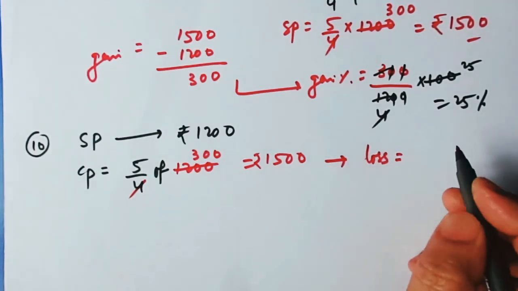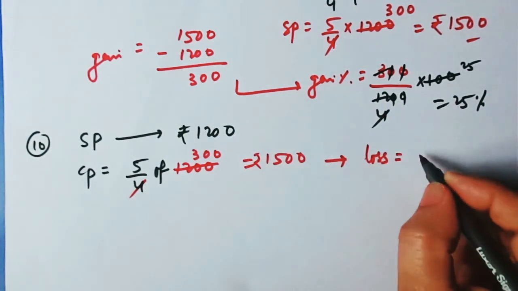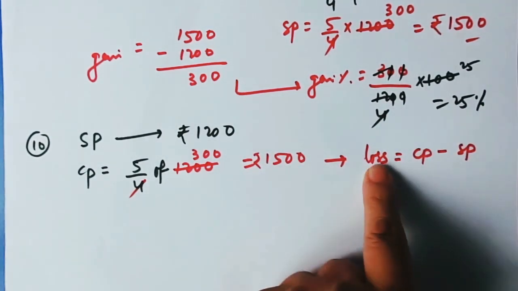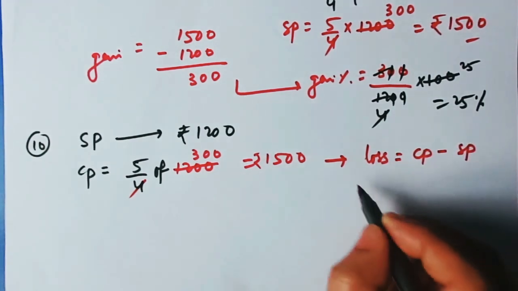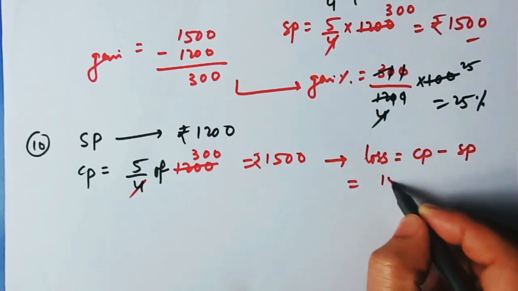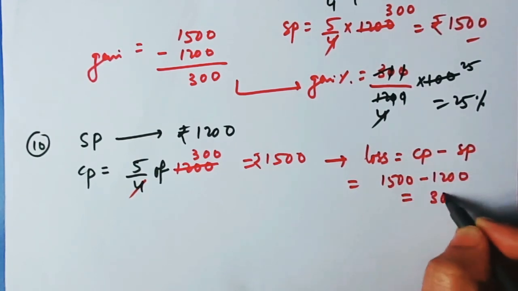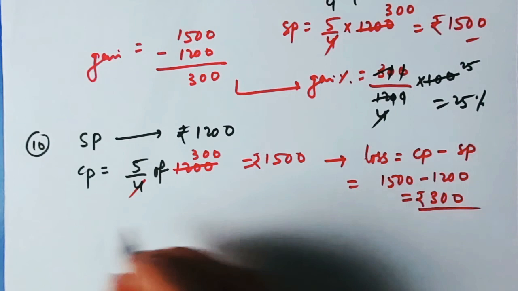So loss is equal to cost price minus selling price. Of course, cost price first, because whenever you incur loss, your selling price will be less than the cost price. 1500 minus 1200 is equal to 300. Can't you find the loss percent?